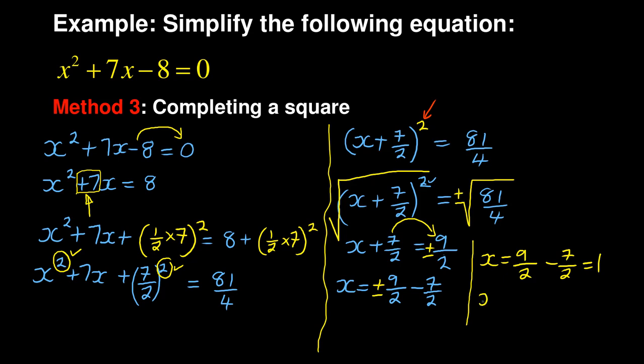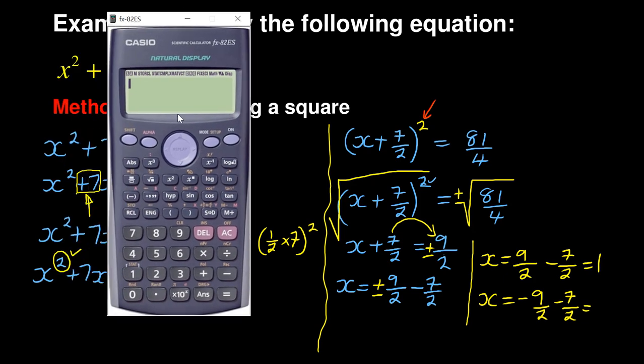The second one is x is equal to negative 9 over 2 minus 7 over 2. And if I simplify that one, it'll be negative 9 over 2 minus 7 over 2.